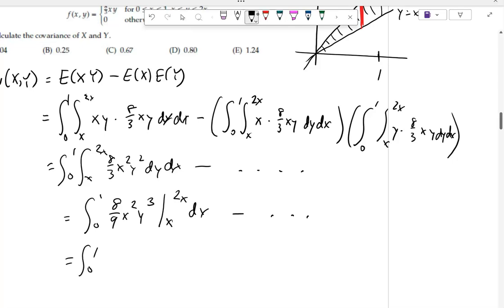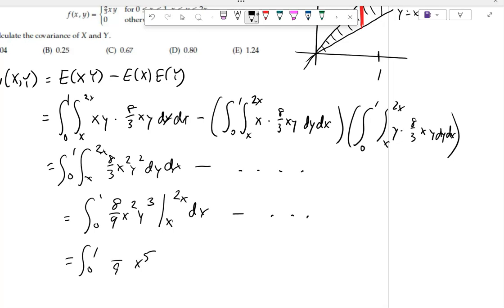We put in 2x. I get 8x cubed times another x squared. When I put in 2x, I get an 8x cubed times another x squared. So I get 64/9 x to the 5th, and then I subtract another x to the 5th. 64 minus 8 is 56.